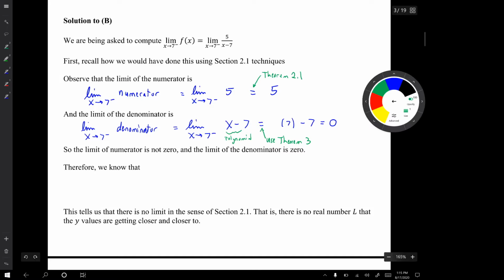So the limit of the numerator is not 0, and the limit of the denominator is 0. Therefore, we know that the limit does not exist. The limit of the ratio does not exist, and that's using theorem 4.